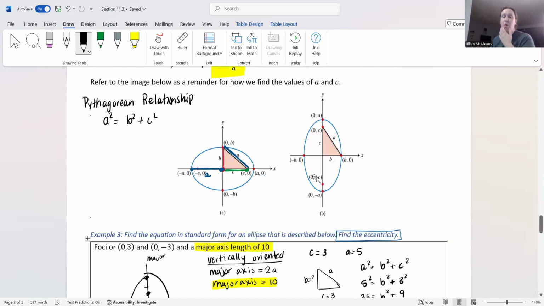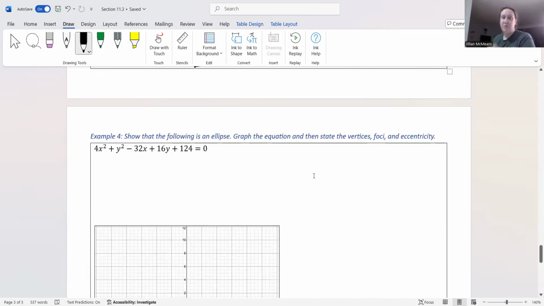We want to morph this into some format. Our goal is to get something where we have (x minus h) squared over a or b squared plus (y minus k) squared over whatever variable the opposite one squared equals 1. We're nowhere near that.